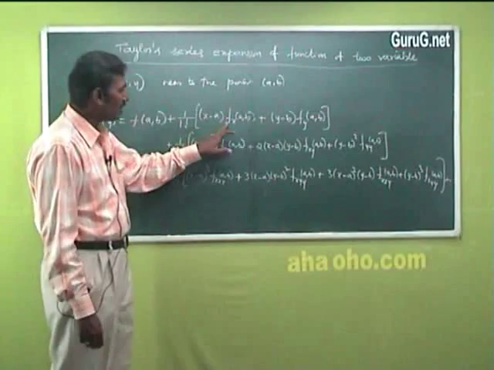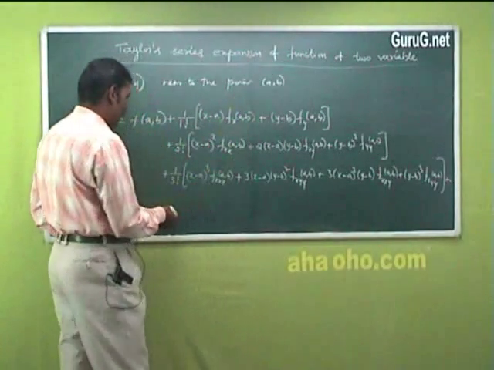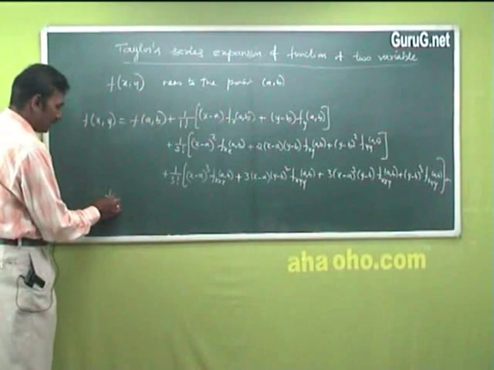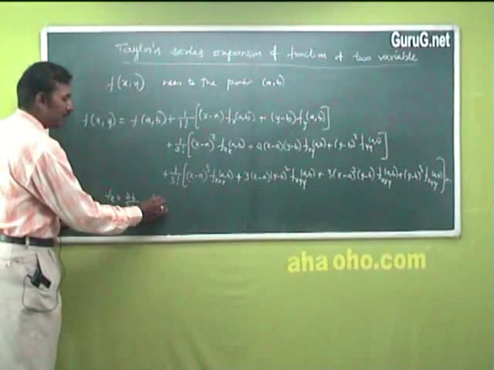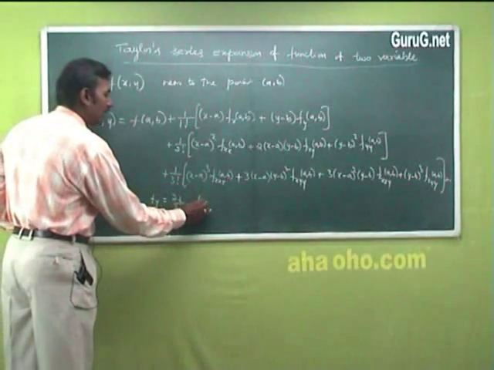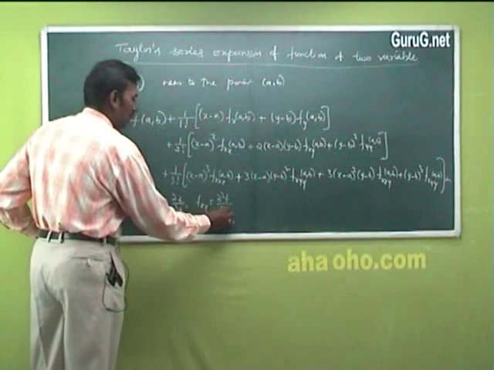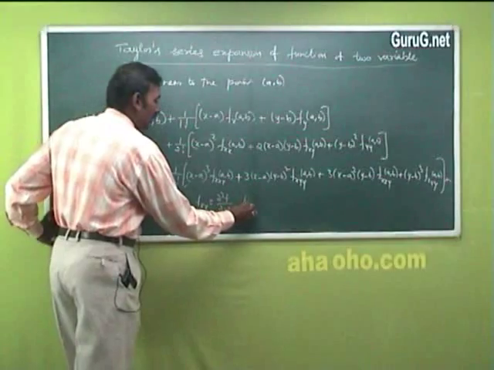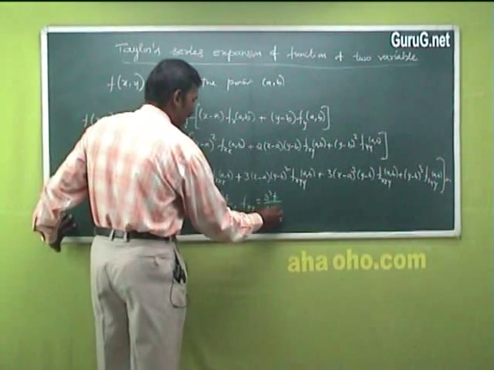Right? Here fx and fy are nothing but dou f by dou x, and dou f by dou y. Fxx is nothing but dou squared f by dou x squared. Then fxy is dou squared f by dou x dou y.